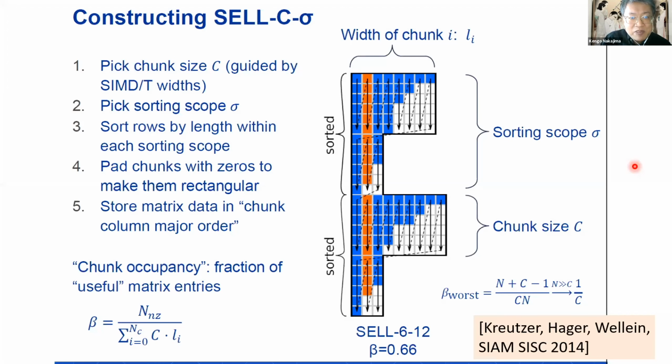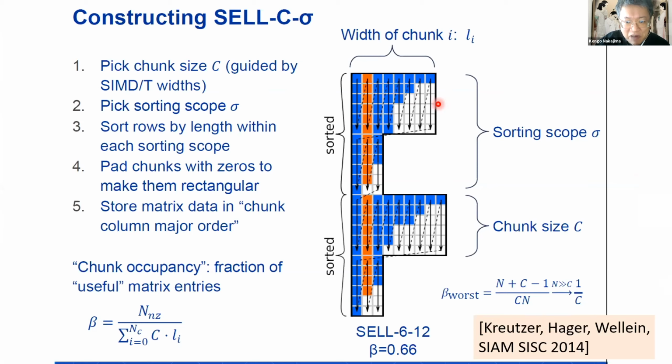I believe most of you are also familiar with SELL-C-sigma. It's very well known, and very suitable for modern multi-core and many-core CPUs or GPUs with wide SIMD. It was proposed by Gerhard Wellein's group just several years ago.